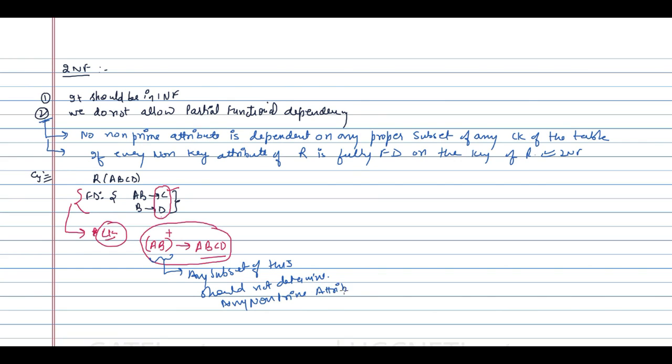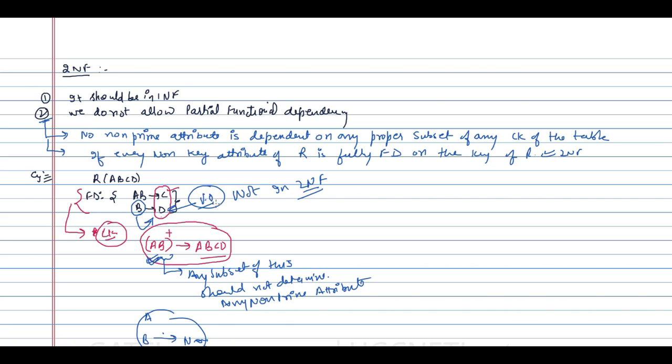Here, the prime attributes are A and B. If this is the candidate key, then no prime attribute should determine any non-prime attribute. But you can clearly see B is a prime attribute, and B is determining D. Because of this functional dependency, the relation is not in 2NF.